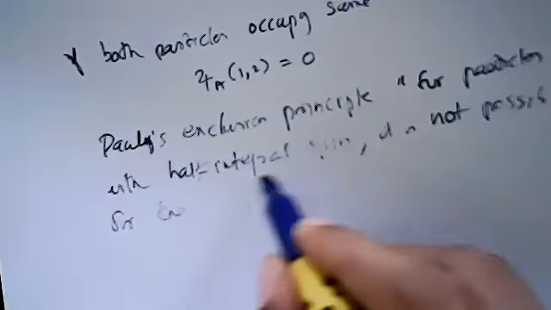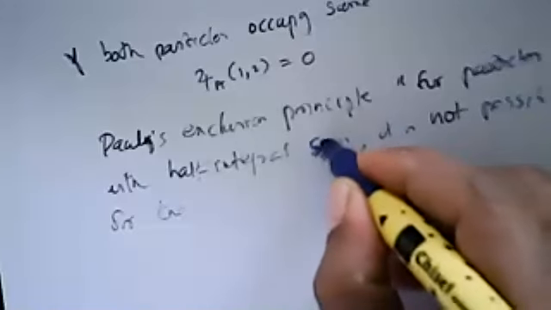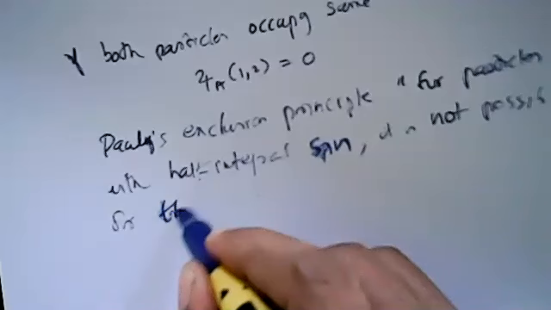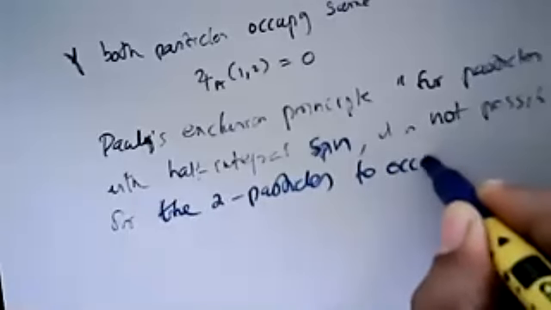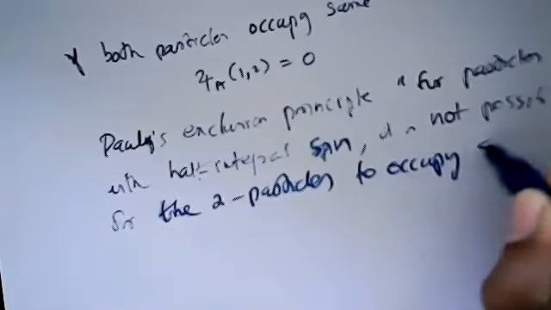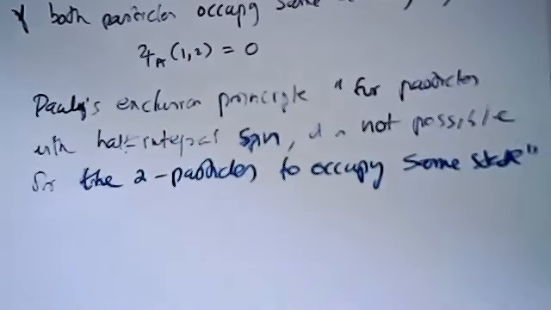Okay. So for particles with a half integral spin, it is not possible for two particles to occupy the same state. What is the meaning? Everybody knows this idea.